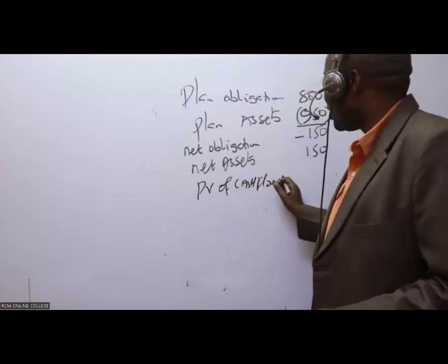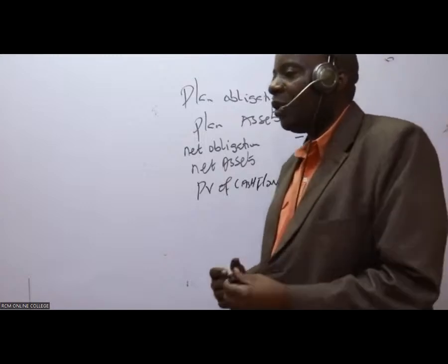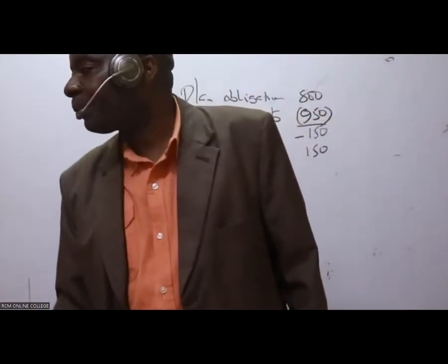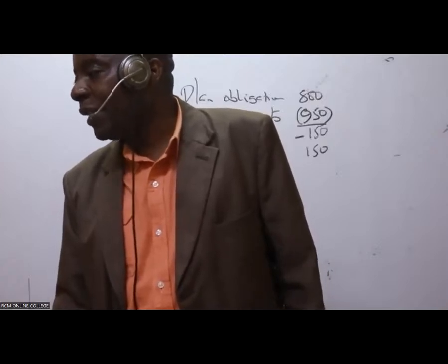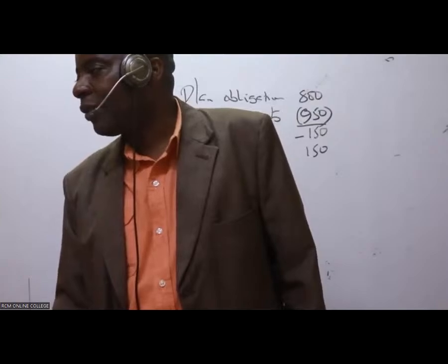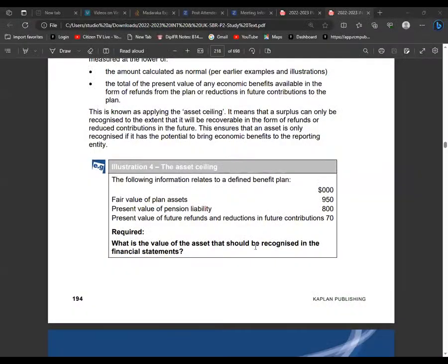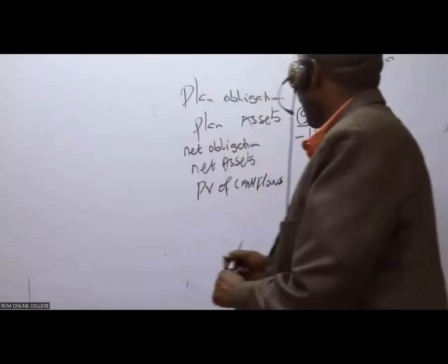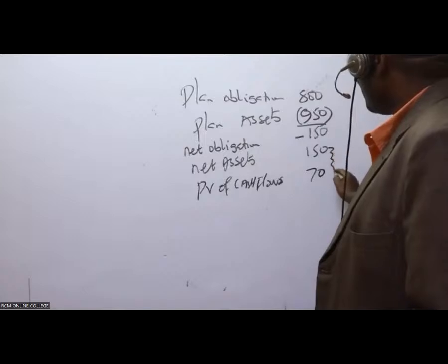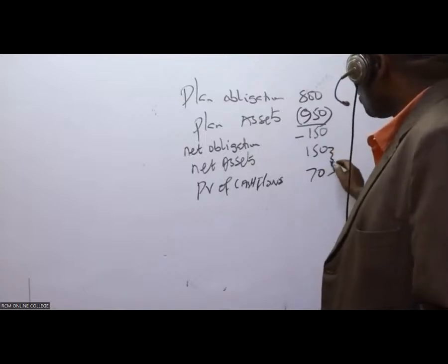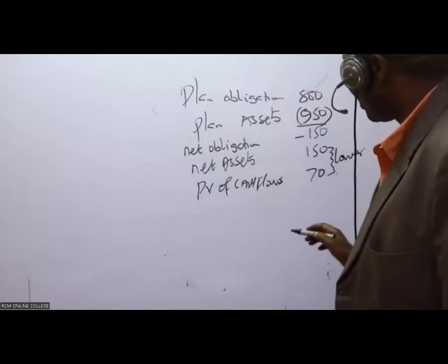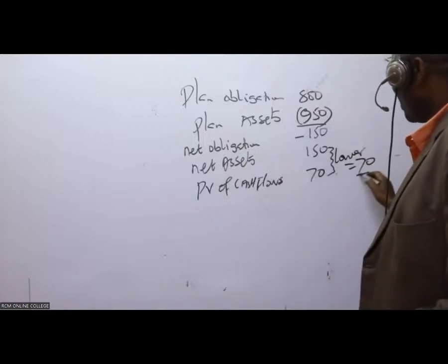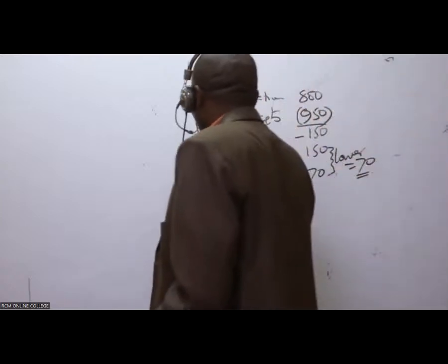Here, the present value is 70. Then you compare the two, to be able to get the ceiling. You compare the two and pick the lower. Always pick the lower. So the lower here is 70.